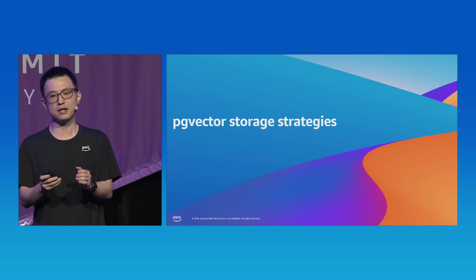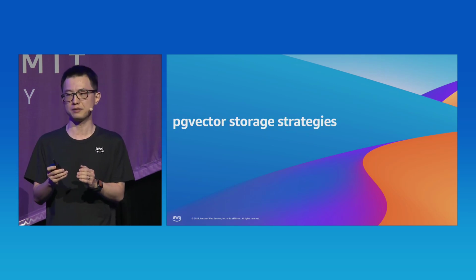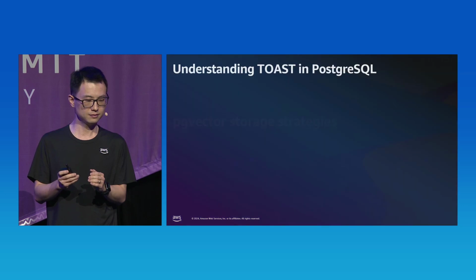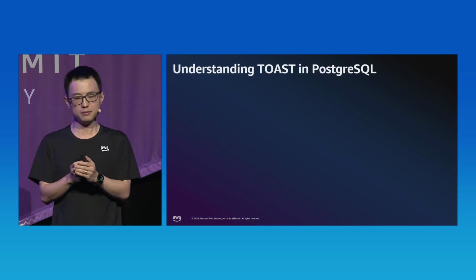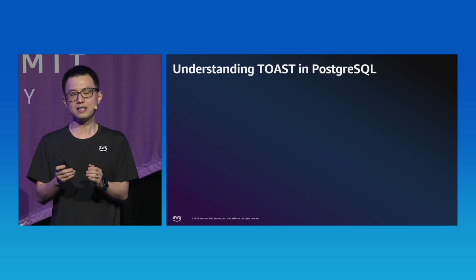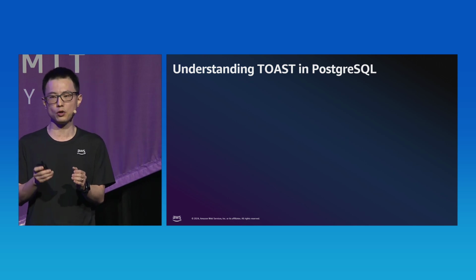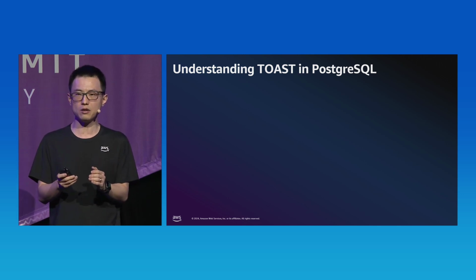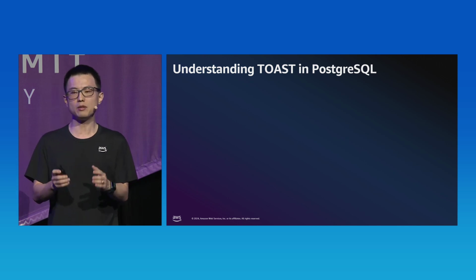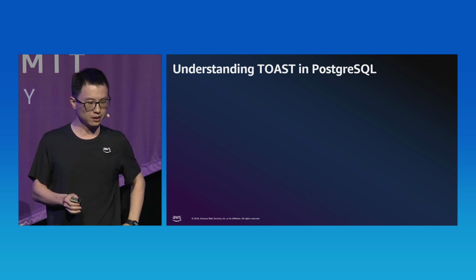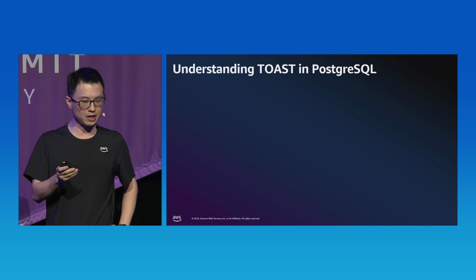Let's start with the storage strategy first. Before the deep dive, let's look at how PostgreSQL stores data. As many of you probably already know, for PostgreSQL, data less than 8 kilobytes is stored in line with the table.